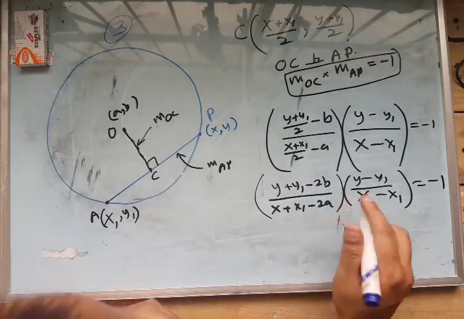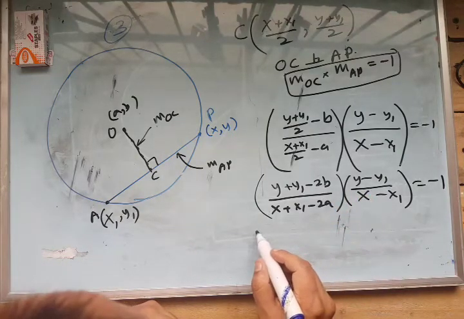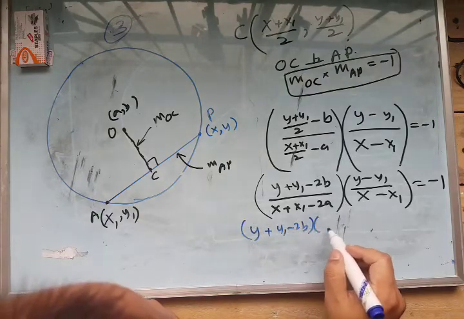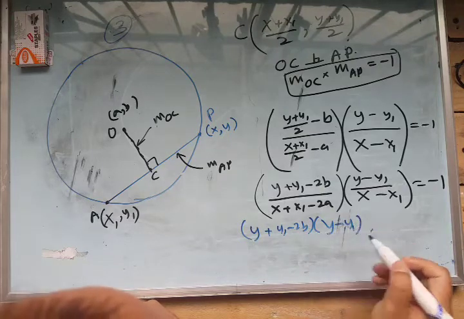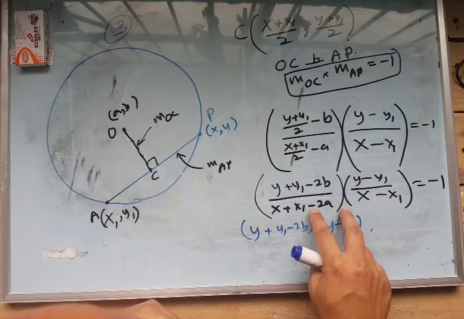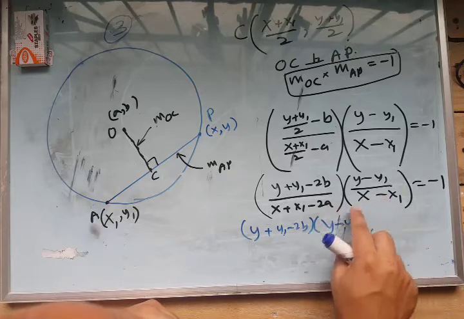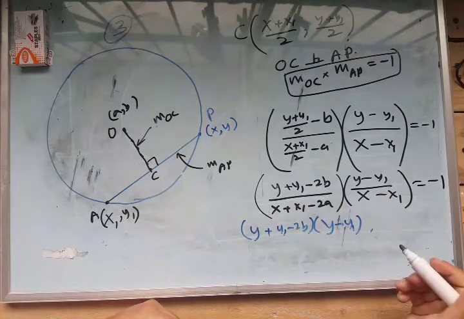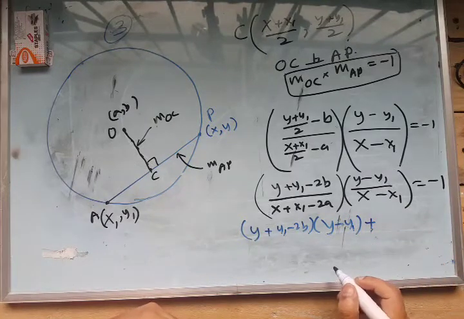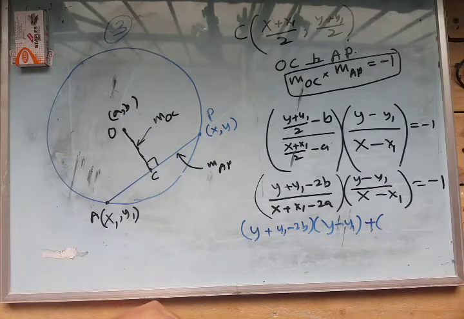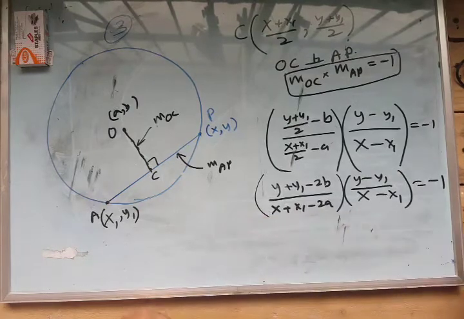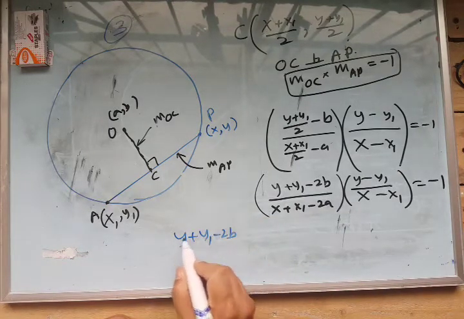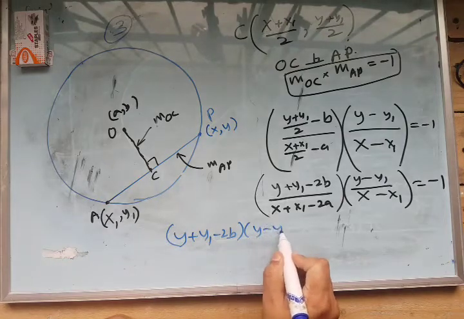So I'm going to cross multiply: y plus y1 minus 2b into y minus y1. I can cross multiply the denominator with the -1 here, then I will take it to the other side, then I will get plus, this is going to be a long expression, y plus y1 minus 2b into y minus y1.